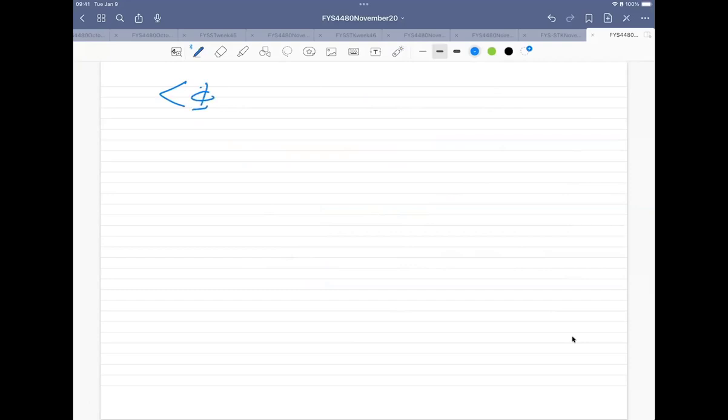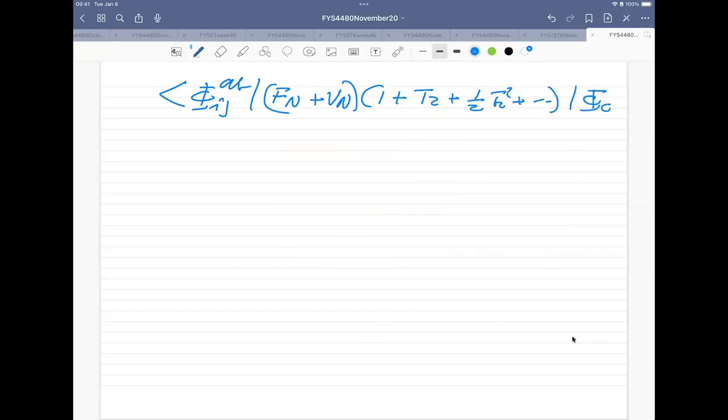So we have phi ij AB, and then I'm having Fn plus V of n, multiplied with 1 plus T2 plus 1/2 T2 squared, etc., of phi 0.